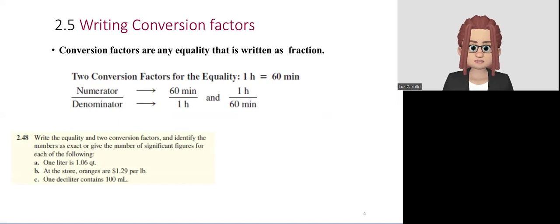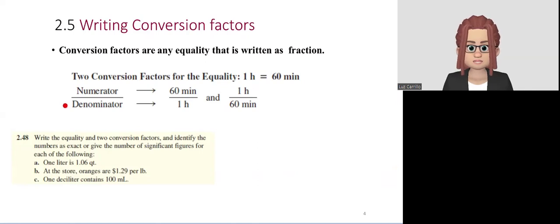Conversion factors are a written fraction of any equality. Here we have the example of 1 hour equals 60 minutes. When we're writing an equality as a conversion factor, as I just mentioned, it is written as a fraction. Fractions have on the top part what is called the numerator, and on the bottom is called the denominator.